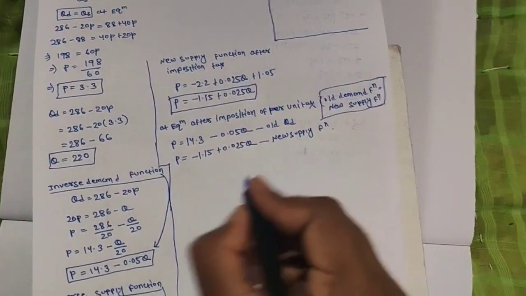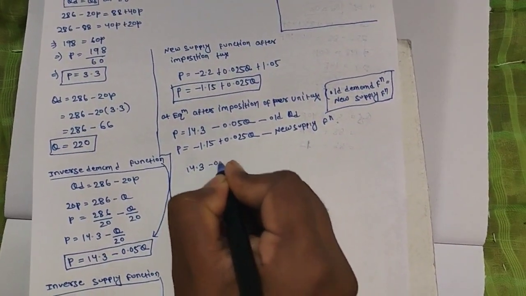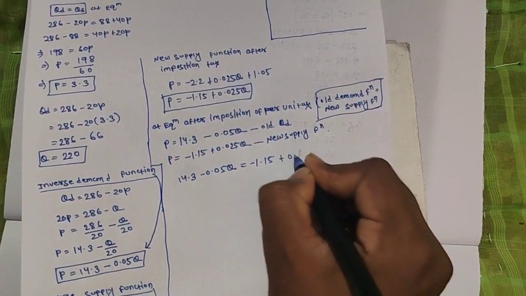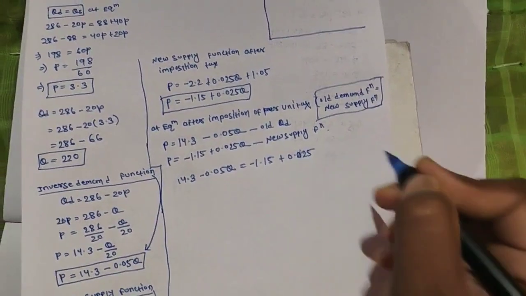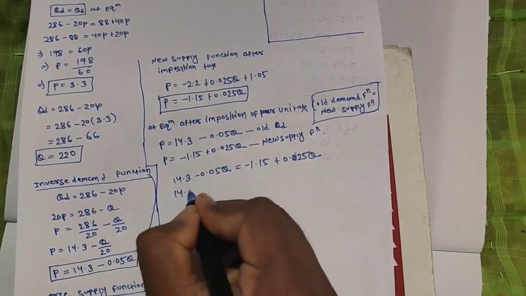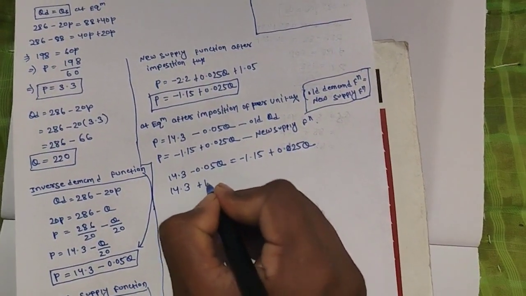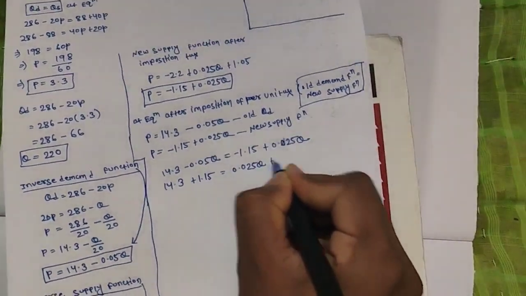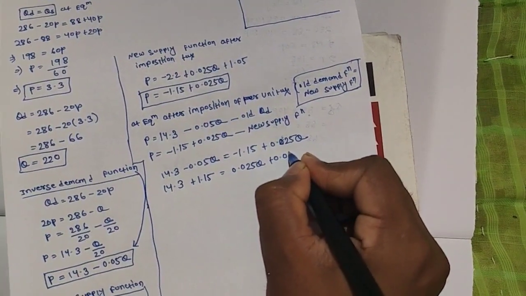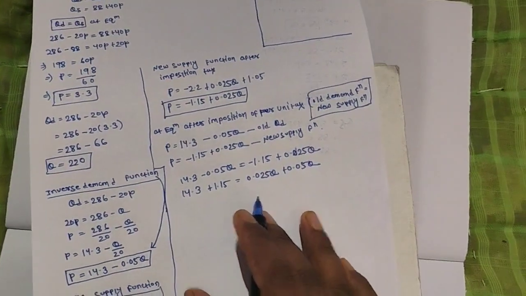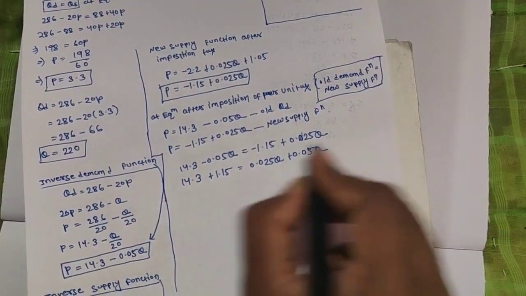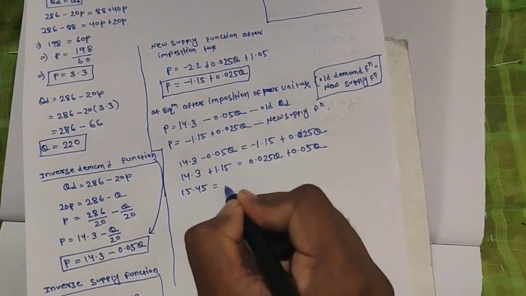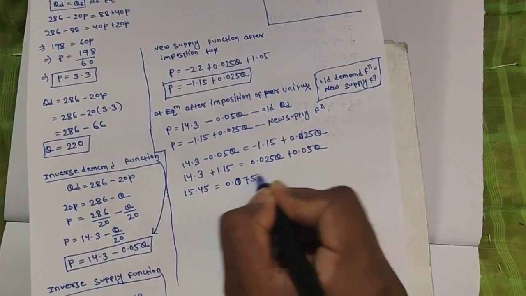Now we equate it: 14.3 - 0.05q = -1.15 + 0.025q. Now 14.3 + 1.15 should be equal to 0.025q + 0.05q, and this becomes 15.45 = 0.075q.